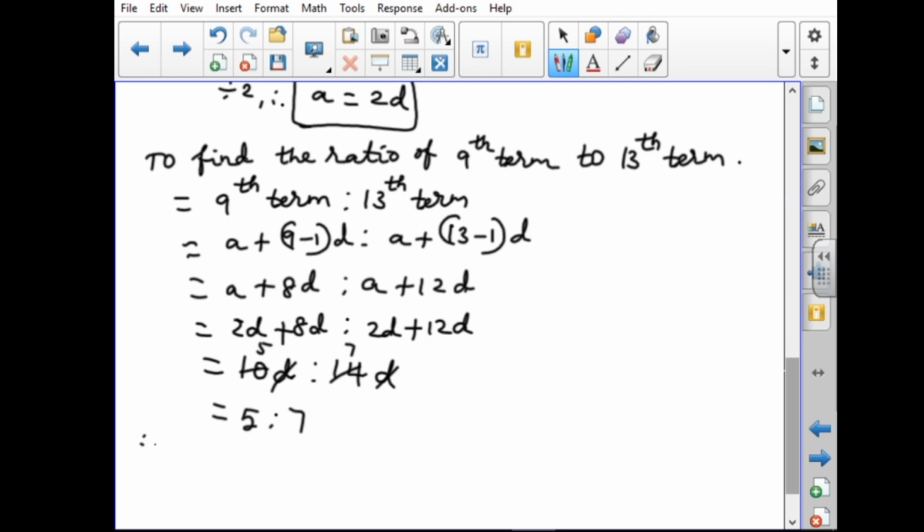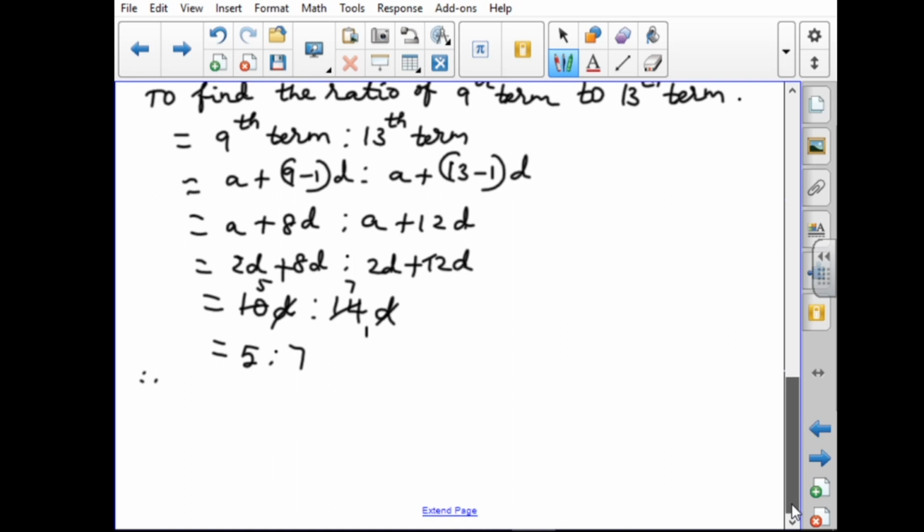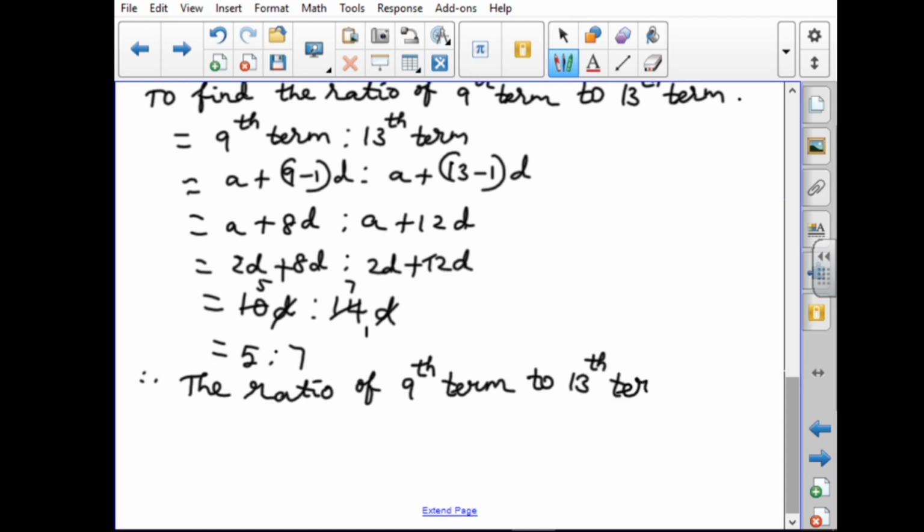Therefore, the ratio of the 9th term to the 13th term is 5 is to 7.